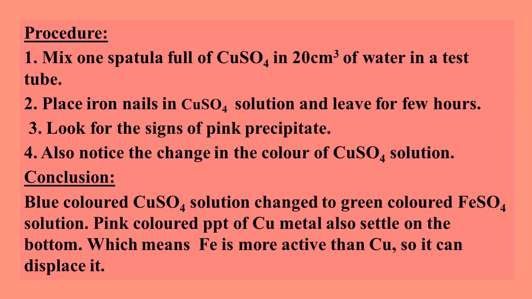It means that iron had displaced the copper and made the iron sulfate. And we can also see the pink colored precipitates of copper metal settled at the bottom. It means that iron is more active than copper and it can displace it.